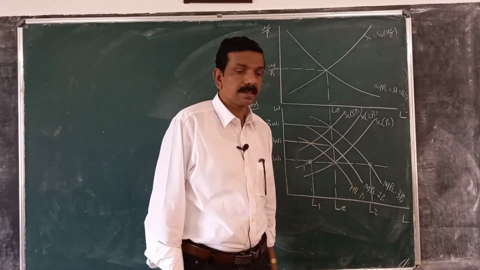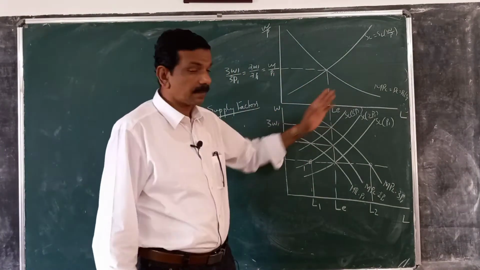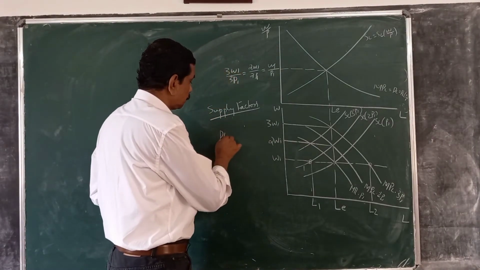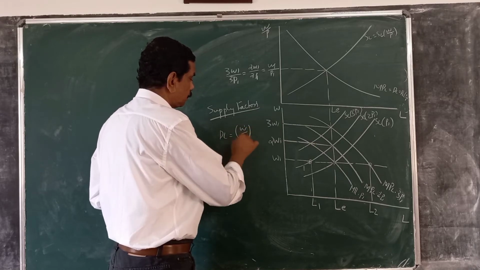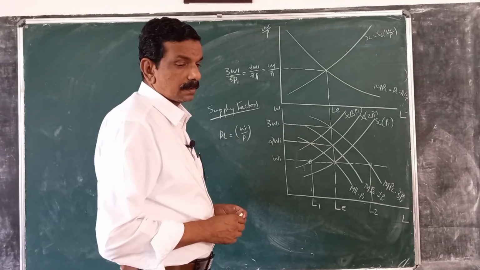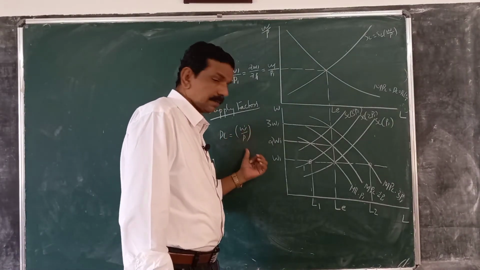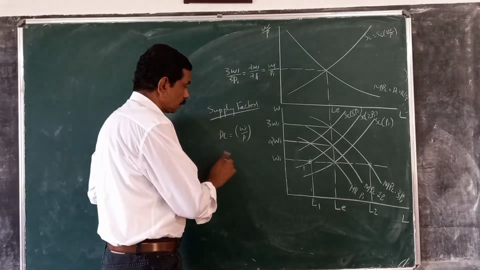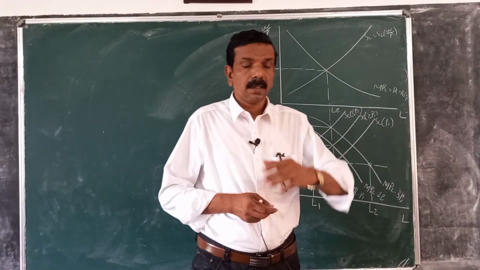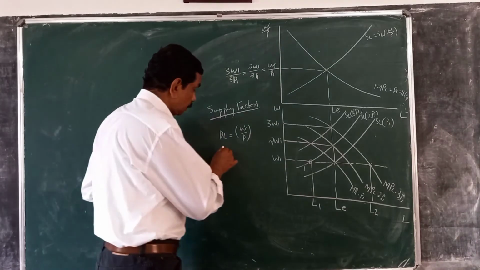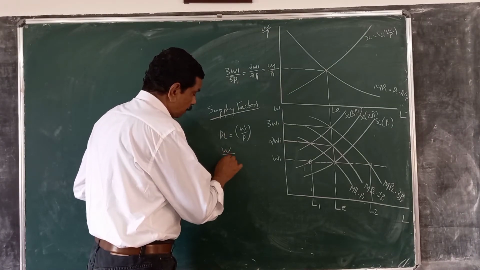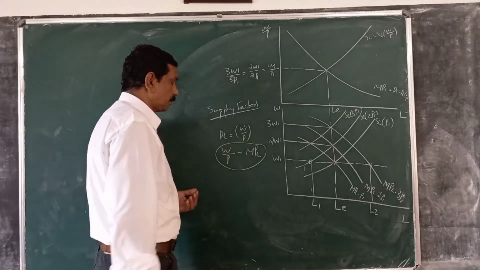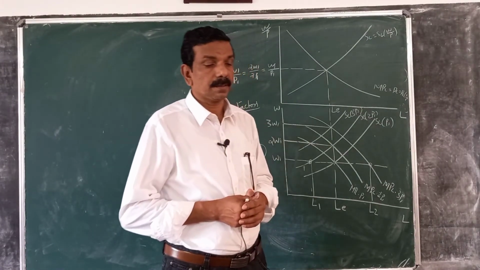We utilize the fact that demand for labor is also a function of real wage, so DL is a function of W by P. And remember also the condition that in labor market equilibrium, demand for labor is determined by the condition W by P is equal to MPL, the condition for profit maximization. Real wage is equal to MPL.